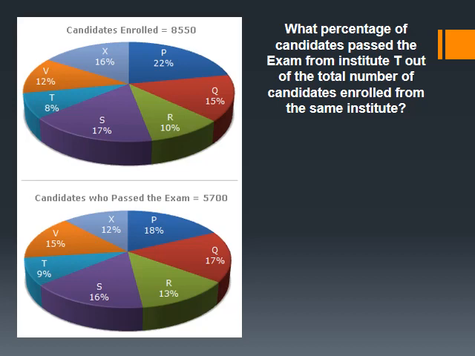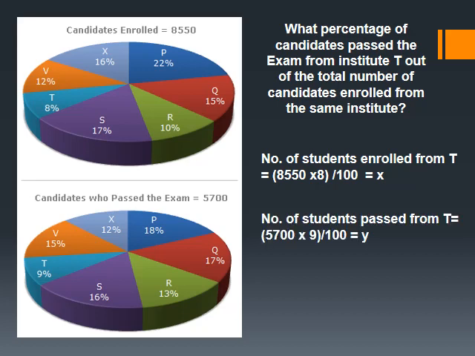So we can see the number of students enrolled from T in the first chart, that is 8,550 times 8 divided by 100. That is how we calculate the number, 8% of 8,550. Suppose it is X. Then we have to find out the students passed from the same institute.